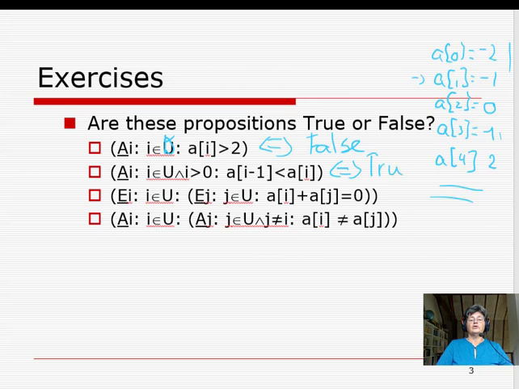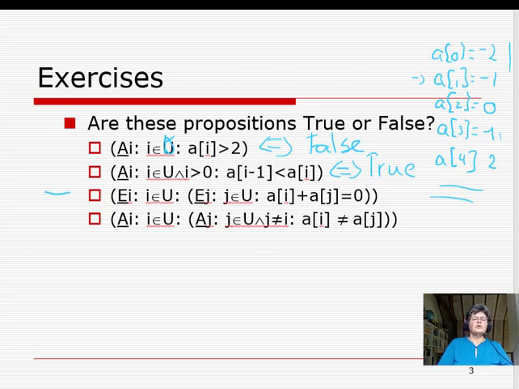So that's true. Then an existential one. We can find an element from that domain in such a way that we can find an element from the same domain, so that the two elements, if we add them up, give us 0. Okay, can we find? We only need to have one example.